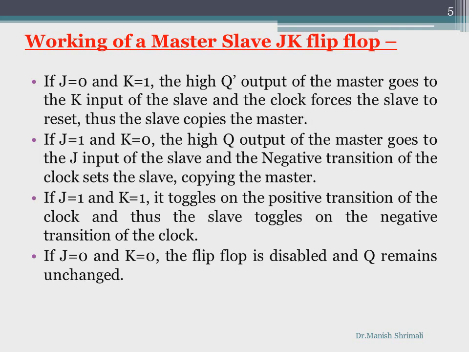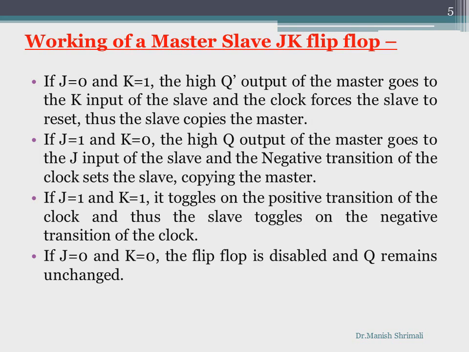In the second case, when J is equal to 1 and K is equal to 0, the high Q output of the master goes to the J input of the slave, and the negative transition of the clock now sets the slave, again copying the master.